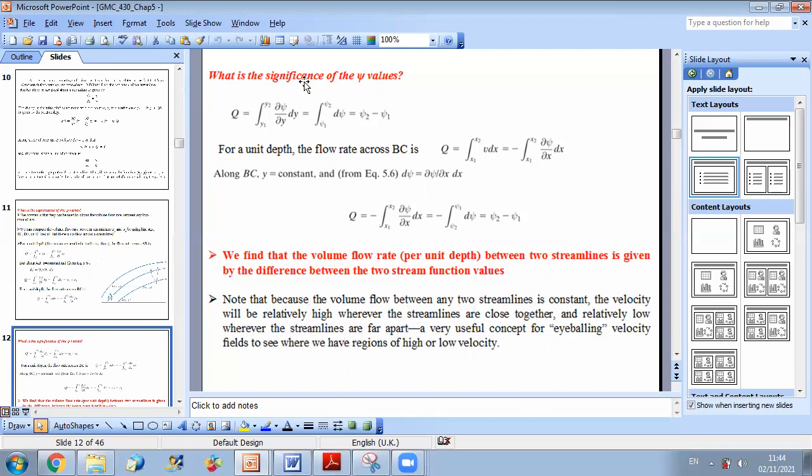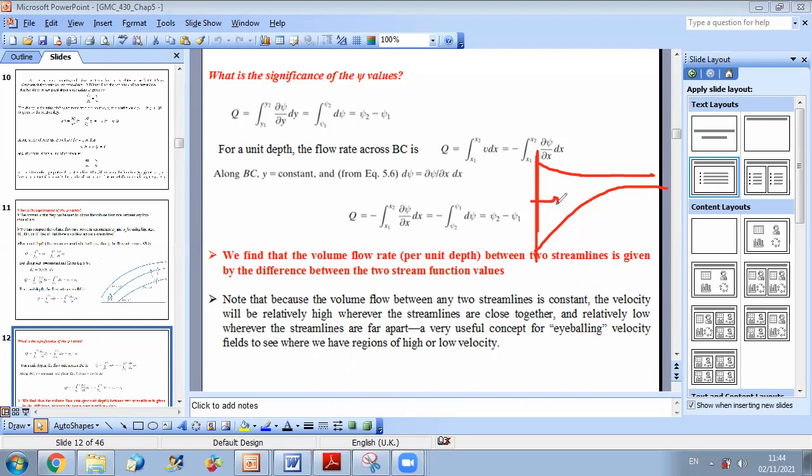So for example, if you consider, let's say, these streamlines, it's logical that when you have a larger space between the streamlines and you want to integrate over it, the values of velocity will be lower, because at the end, the flow between two streamlines will be constant.